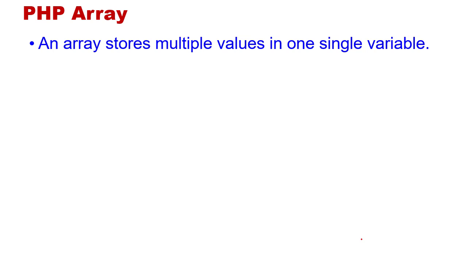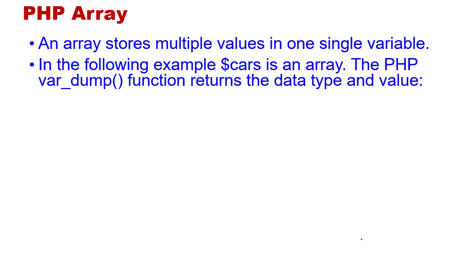Now let us see the PHP array data type. As you know, an array stores multiple values in one single variable. Suppose we take one example of cars, and we will be using the PHP var_dump function to return the data type and the value. So let us see one example.